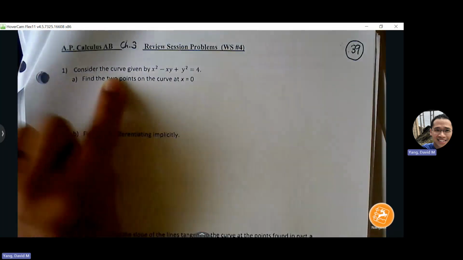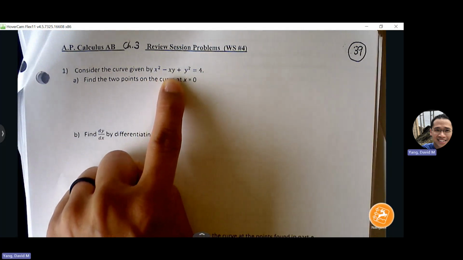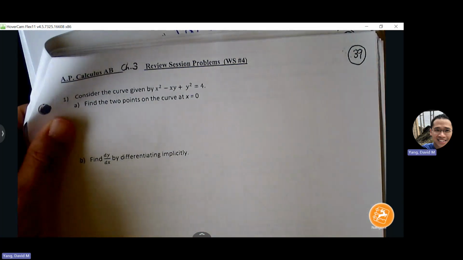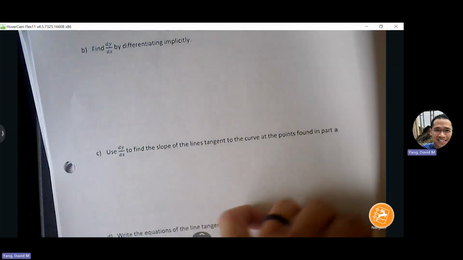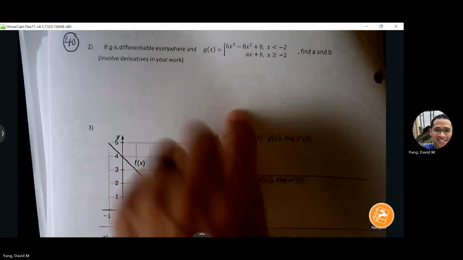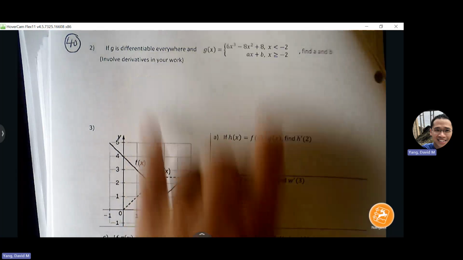You're going to have an extended implicit differentiation problem here, like how you see on page 39. And then page 40, piecewise function, find A and B, right?